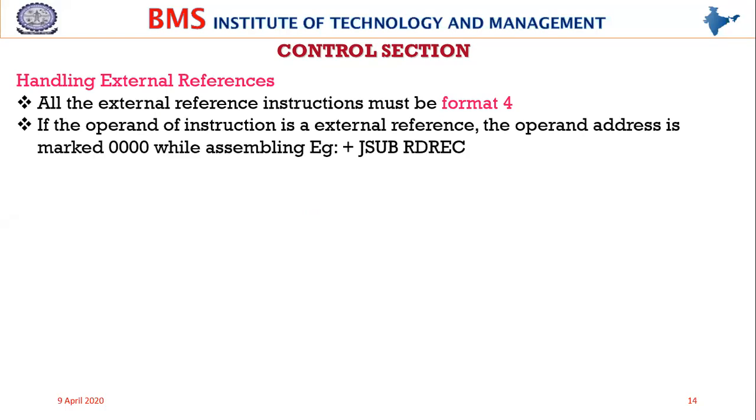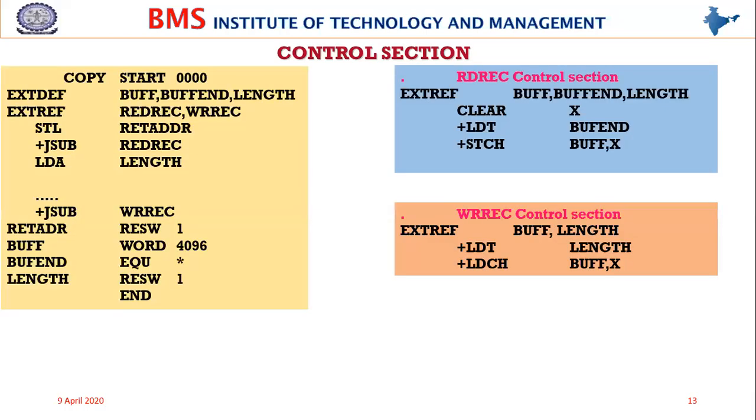The operand of the instruction is an external reference. The operand address is marked 0000. For example, here in the default section, plus JSUB RDREC or plus JSUB WRREC, or in the RDREC control section plus LDT, plus STCH. In the next one, we have plus LDT and plus LDCH. When the assembler goes through them, it can allocate addresses for the instructions, but it cannot allocate the addresses for the operands because they are all external references.